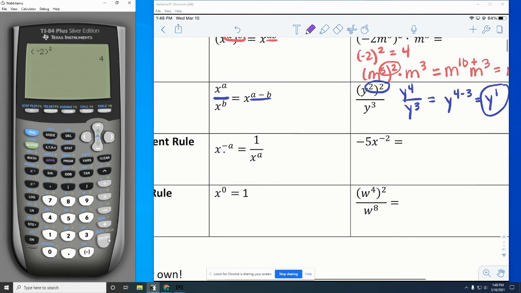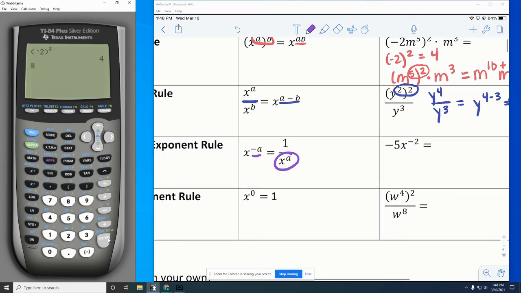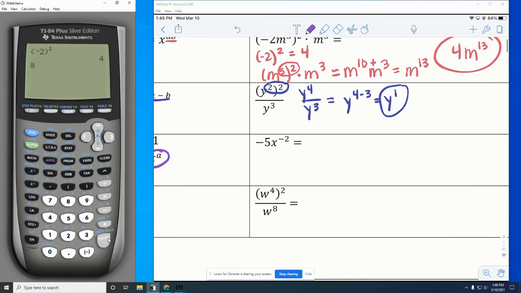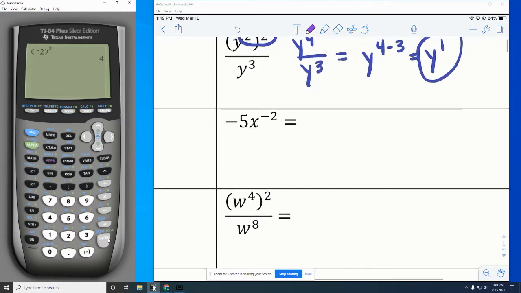Our next rule is if you see a negative exponent, it does not like where it's at, so we push it to make it happy. If it's negative on the bottom, you push it up to the top. If it's negative on the top, you push it to the bottom. Wherever it is negative, it is unhappy, so we have to move it to make it happy. So for this example, we have -5x to the -2. Remember, big numbers are normal, so -5, no problem.